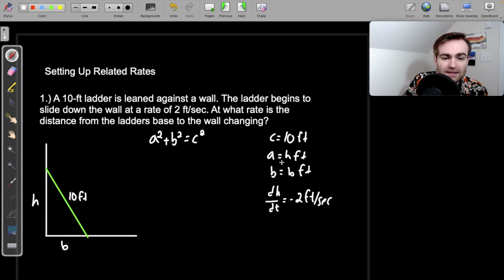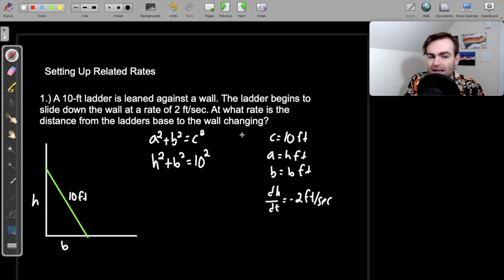So let's rewrite this with some of our information here. We have h feet. No, let's not put the variables on that, actually. Not the variables, let's not put the units on that, my bad. h squared plus b squared is equal to 10 squared. So here's an important distinction.